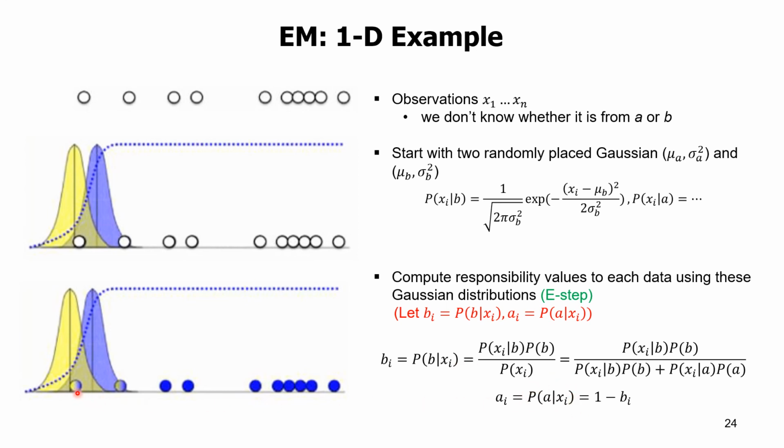If you look at here, the majority is yellow. That means this data belongs to Gaussian A with high probability, and to Gaussian B with small probability. Here, this belongs to Gaussian B with high probability, and to Gaussian A with very little probability. So in each step, you compute these probabilities.